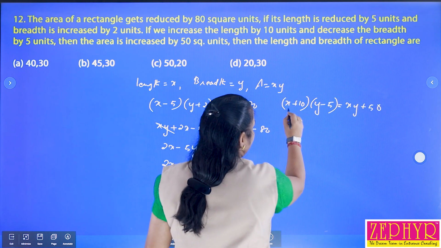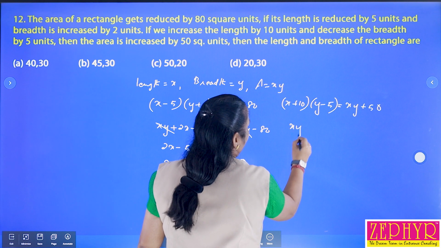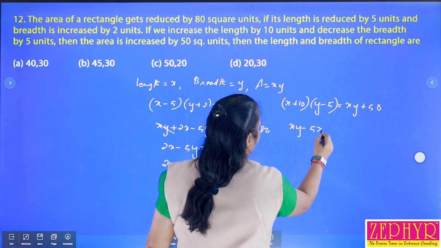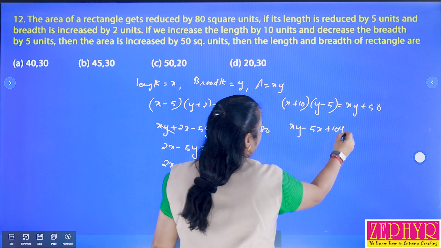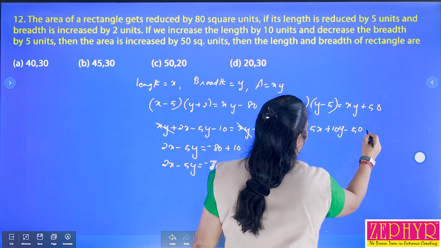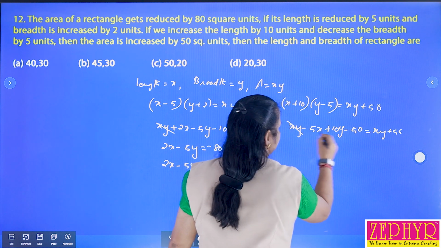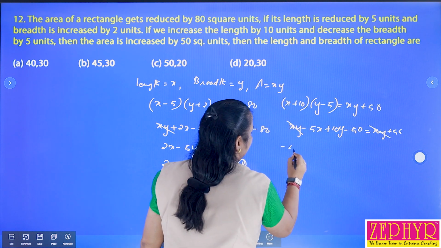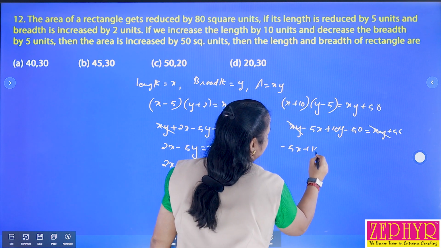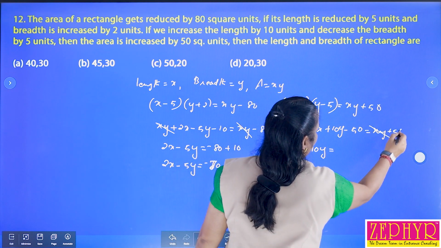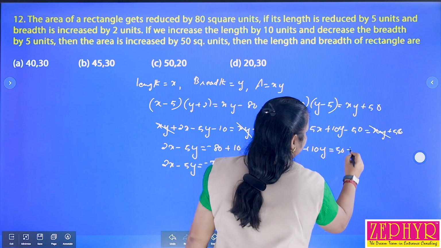Okay. So again multiplying this we get xy minus 5x plus 10y minus 50 equal to xy plus 50. Cancel this common term, xy. Minus 5x plus 10y equal to 50 plus 50.